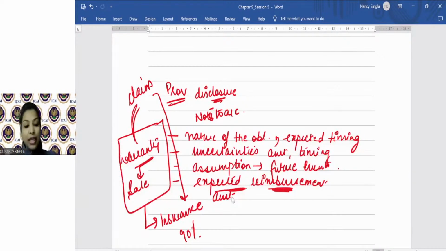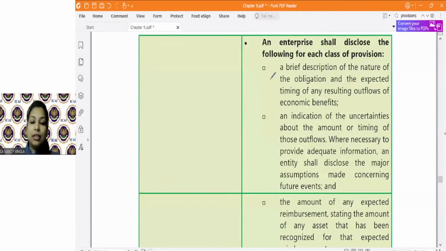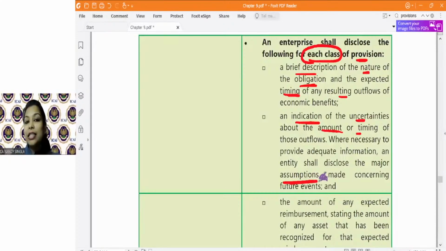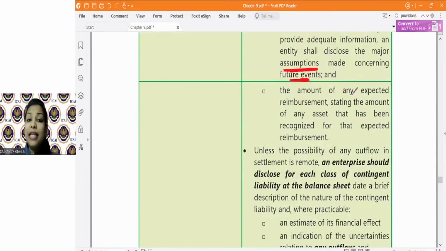Okay? So where is it given in your module? Let us just see. With respect to each class of provision, a brief description of the nature and the obligation and the timing of resulting outflow, an indication of the uncertainty with respect to amount and timing, and the assumptions with respect to future events. Okay? Expected reimbursement, stating the amount of any asset that has been recognized for that expense reimbursement.